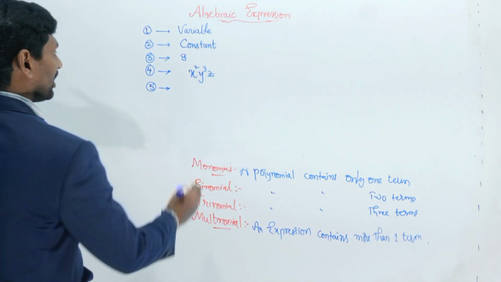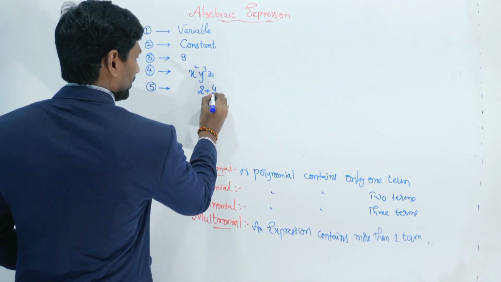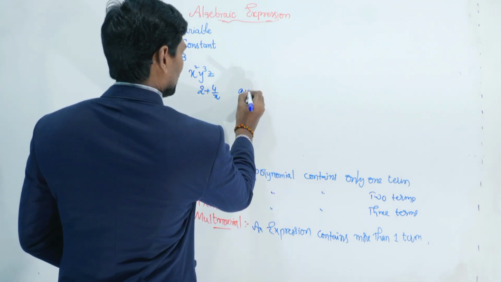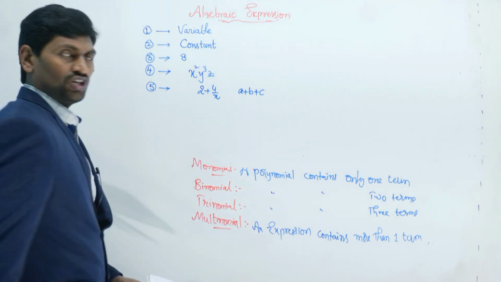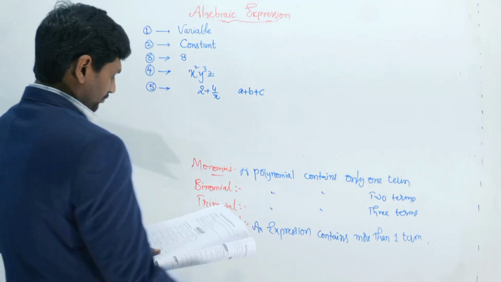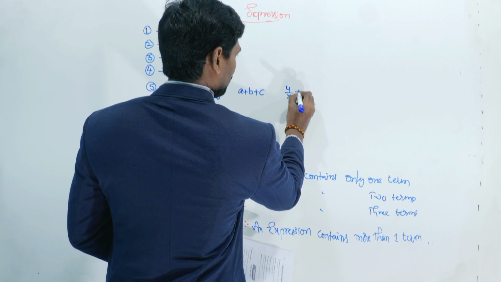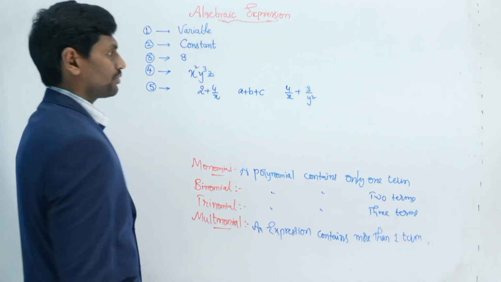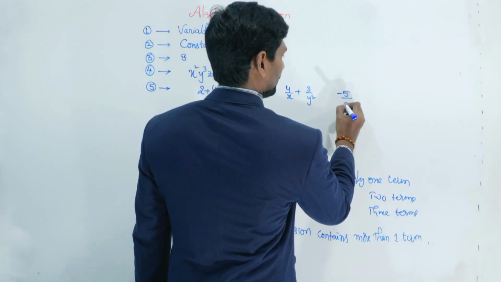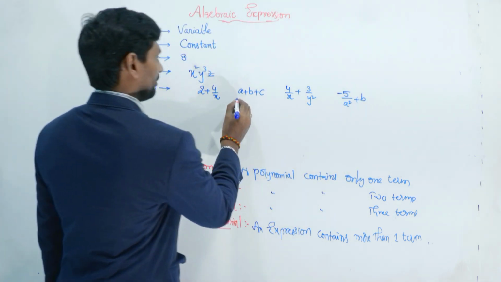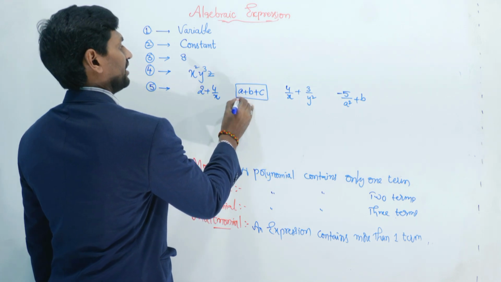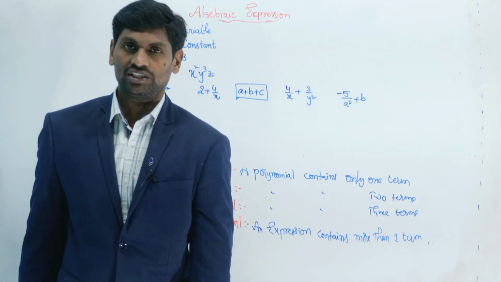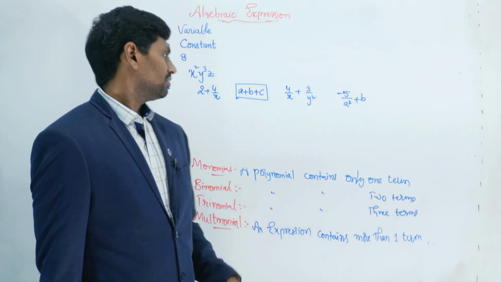Here the options are 2 plus 4 by x, a plus b plus c, 4 by x plus 3 by y square, and minus 5 by a square plus b. Among them only one is a polynomial. The remaining are multinomials.